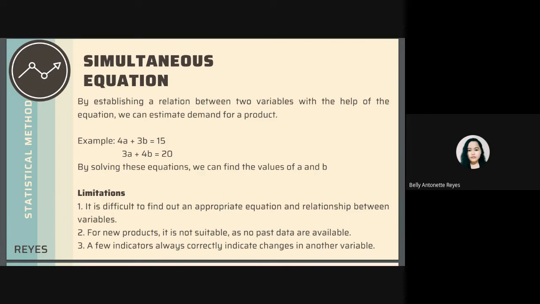Third, a few indicators always correctly indicate changes in another variable. So this shows that only some of the variables could correctly indicate changes in another variable. However, some other variables considered could not, and hence the relationship between these variables cannot be established.